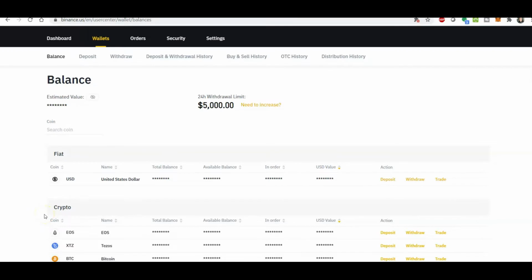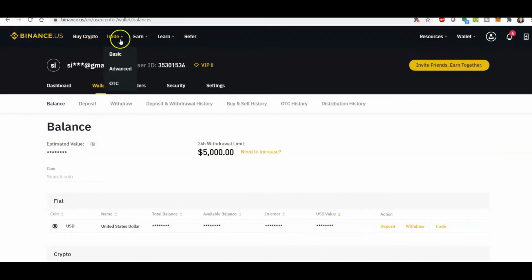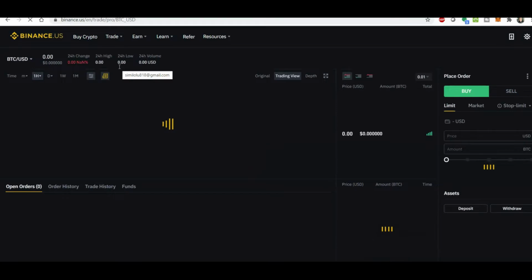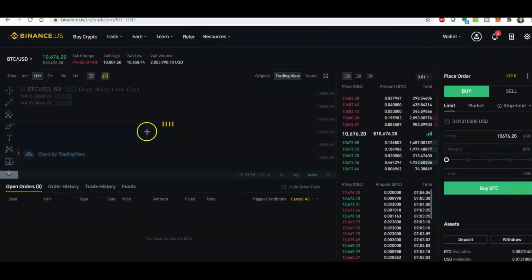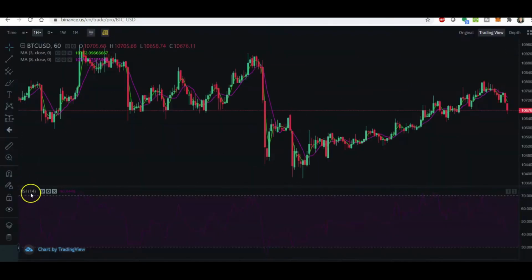Here we are in Binance, so let's just go straight to the trading screen. And we'll click on Advance. Okay, so here we are. The parameters you have here are just your basic parameters. But I don't care much for this color system, so I'm going to change it so it's a little more visible.